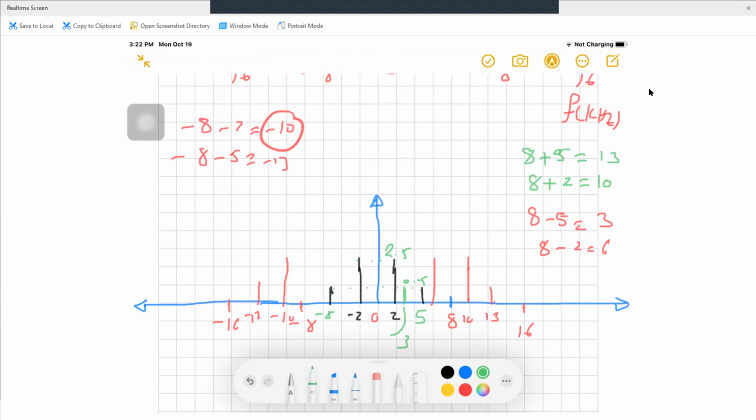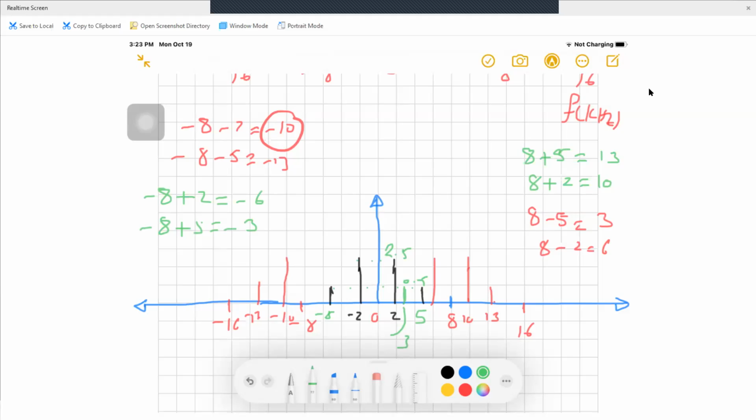Okay, now what will be about the other points? Here we have -8 plus 2 and -8 plus 5. Okay, -8 plus 2 will lead to -6, and -8 plus 5 will lead to -3. So again, we have components at -3.